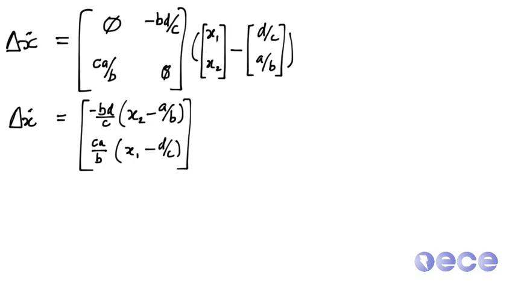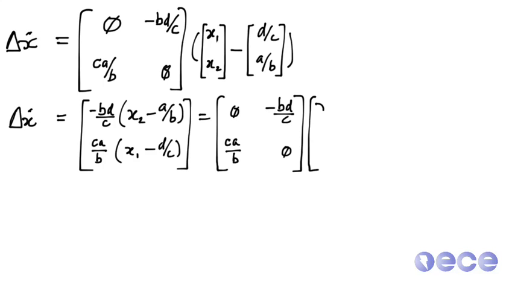Similarly, we get some multiplication by ca over b. Since this is in the first column, we're going to multiply this by x1 minus d over c, which is what we see here. Now let's separate this out in terms of just x1 and x2. It may seem like we're just writing exactly the same equation, but we're not.